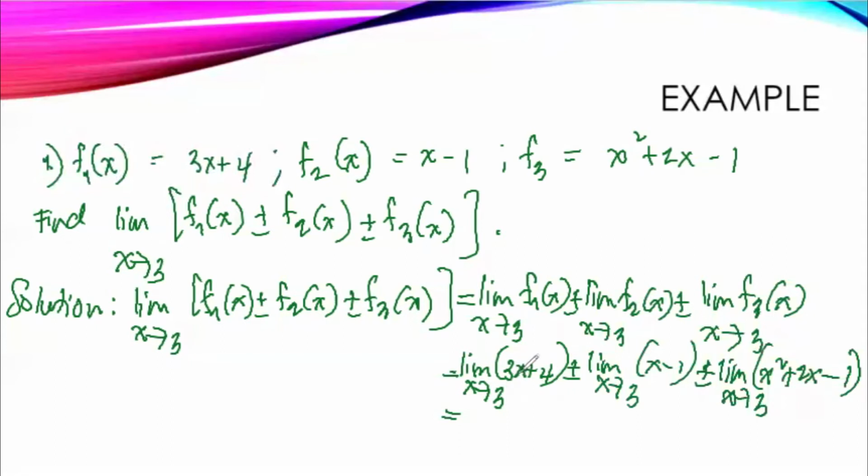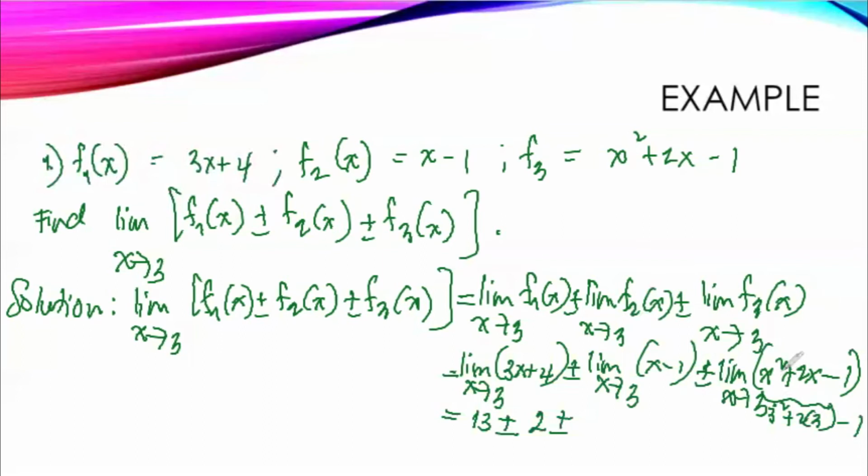We can simply substitute, because this is a linear function. So 3 times 3, what is 9, right? Plus or minus. So simply substitute 3 to this variable. 3 minus 1 is 2. Plus or minus 3 squared, this is 9, plus 2 times 3 minus 1.